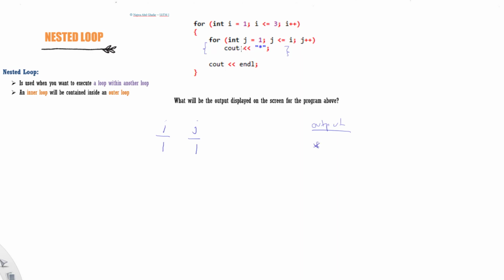It will not go down here. What we need to do is finish the loop until it is false. Then we can move on. Since j less than or equal to i is true, we display the star, then it goes back up to j plus plus. j plus plus now becomes 2. Then we check the condition. Is 2 less than or equal to 1?